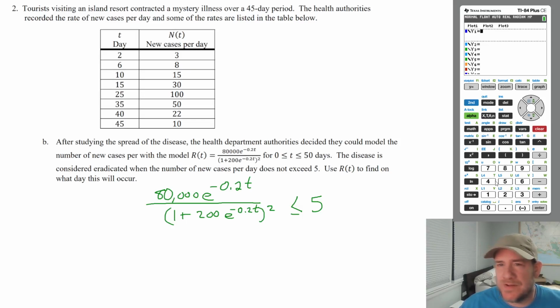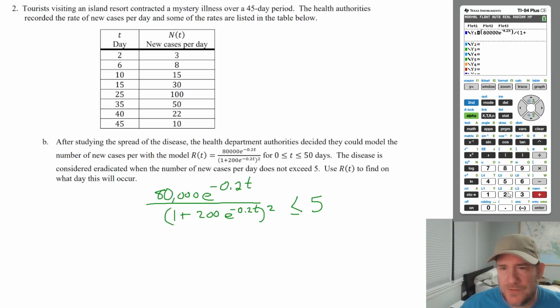But just use parentheses, and in the top put your 80,000. Make sure you do enough zeros. For e, use this, negative 0.2t, and remember that for t we're using x, of course. Now come down out of the exponent, close parentheses, divide by, and throw the next one in.